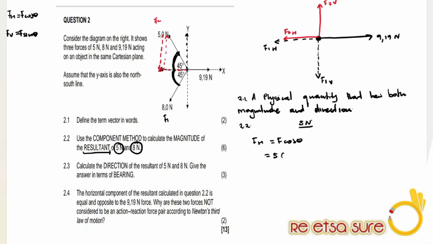So I'm going to have 5 cos, what is our angle? Our angle is 45. So 5 cos 45 gives me 3,535.